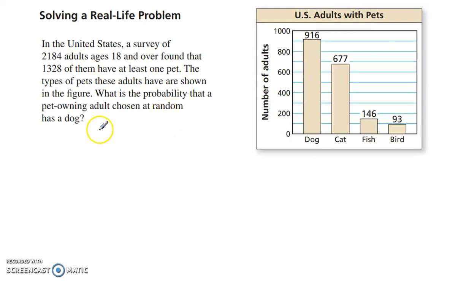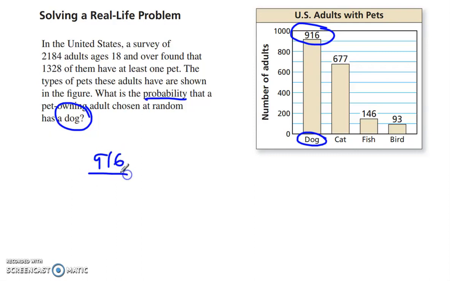All right. One last example we want to look at here. In the United States, a survey of 2,184 adults ages 18 and over found that 1,328 of them had at least one pet. The types of pets these adults have are shown in the figure. What's the probability that a pet-owning adult chosen at random has a dog? All right, so we want to find dog. We want to take that part, 916, to the whole. Total pet owners. Very important that you discern what they're asking.